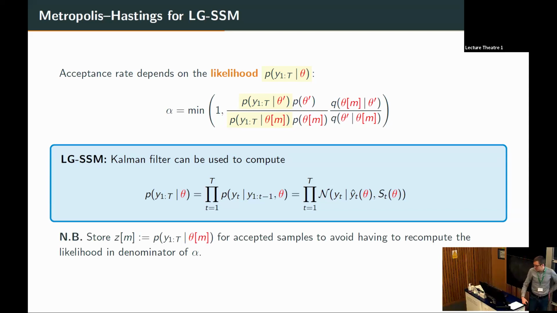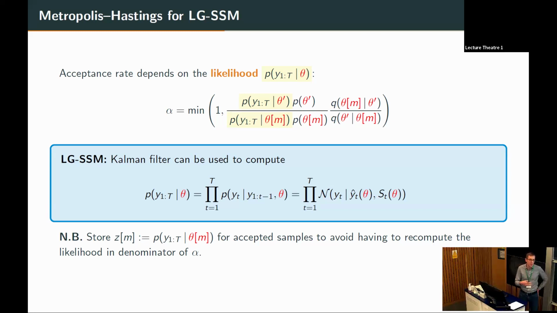As a practical note, since we need to run a Kalman filter to compute this likelihood, that's typically the main part of the computational cost of applying this algorithm. It makes sense to store these intermediate quantities so that we don't need to recompute them at each iteration.